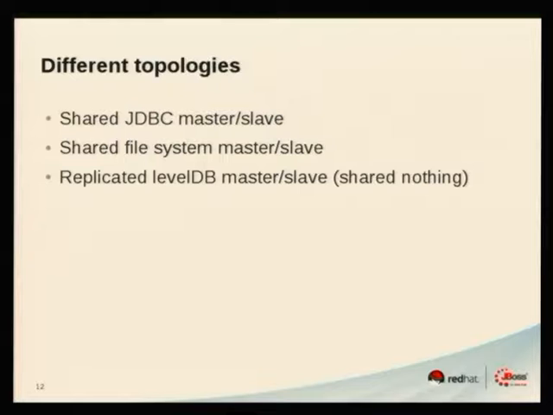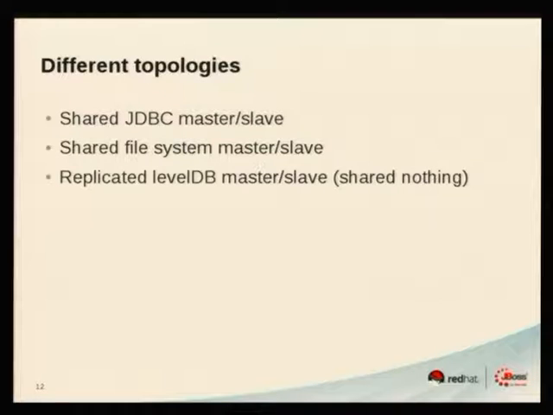So there are three mechanisms. The first two of them are pretty similar because they use some shared data. In the first case, it's a database, and in the second case, it's a file system. But these mechanisms have lots of disadvantages.